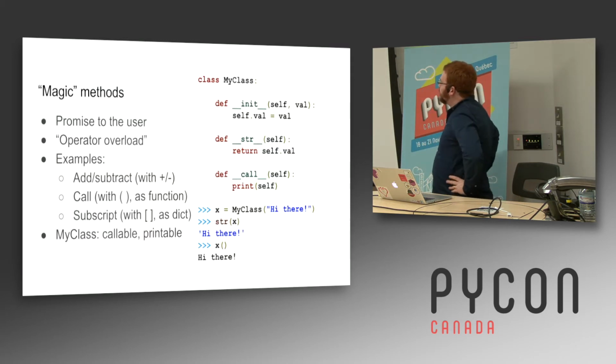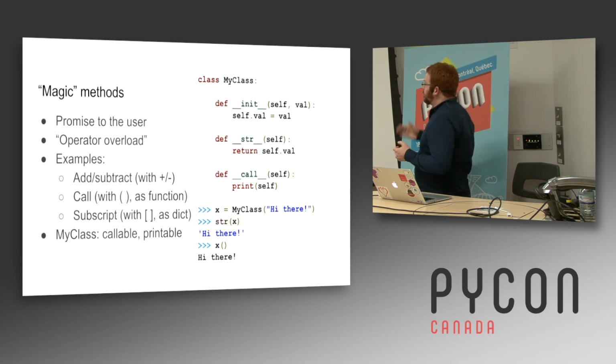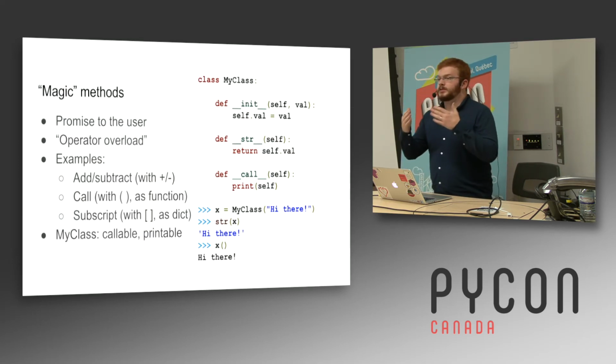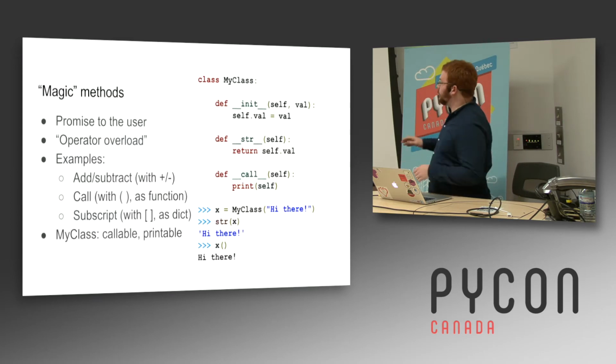This example class, my class, has the dunder init method that you should probably be very familiar with that you use to initialize your class, but it also has dunder str, which is used to essentially say, I am something that can be printed out on the command line. I can appear as a string, and dunder call, which means I can be used as a function or as a method. You can pass arguments to me, and I will return a value.